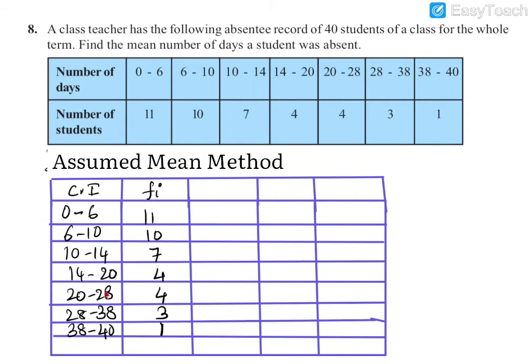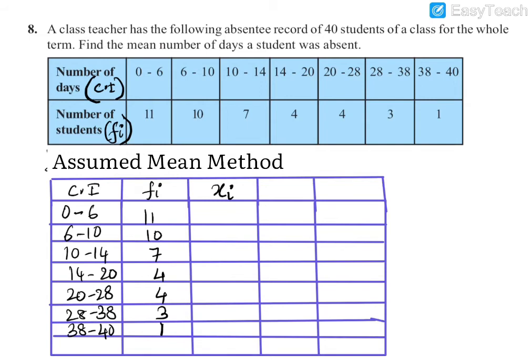In the first column, we write down the class intervals which represent number of days. In the second column, we write down number of students which represents the frequency. And in the third column, we write down class marks. Each class mark is calculated by adding the lower limit and the upper limit and dividing the sum by 2.